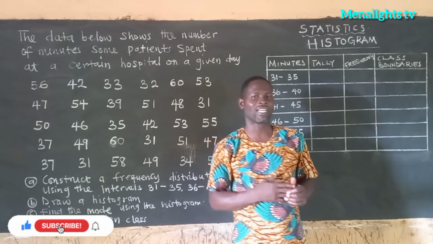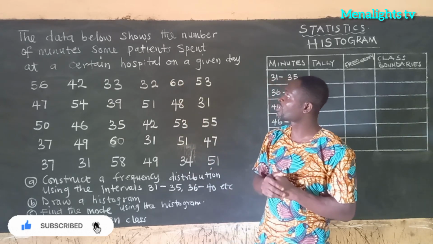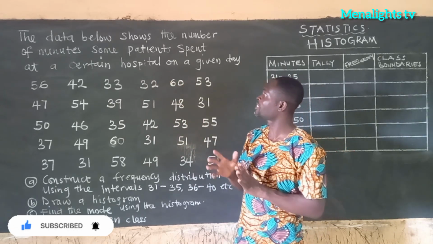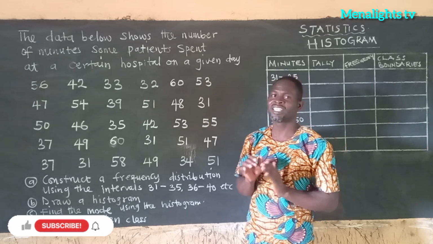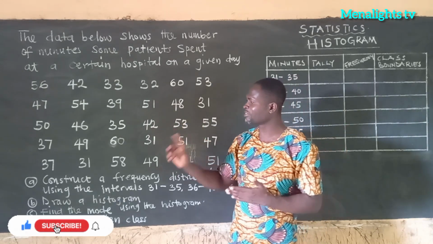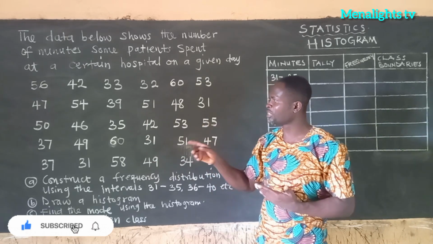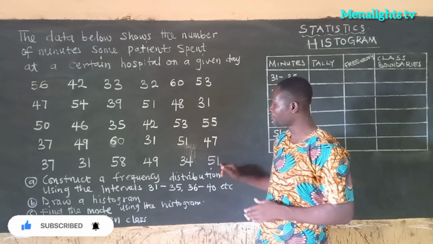For us to draw the histogram, we have a question here that says, the data below shows the number of minutes some patients spent at a certain hospital on a given day. So we have 56, 47, 50, 37, 37, 42, 54, 46, and the last one is 51.